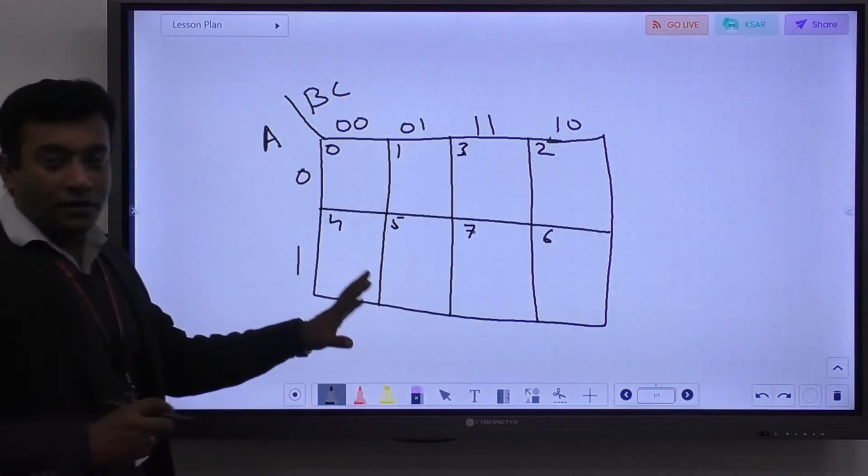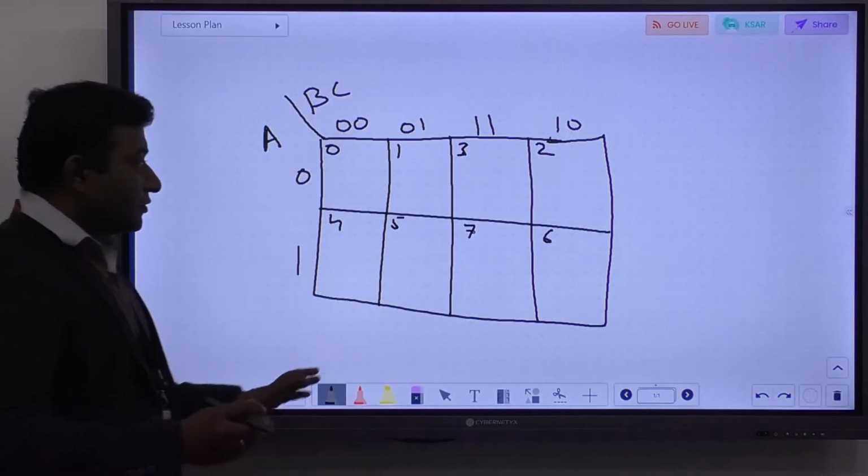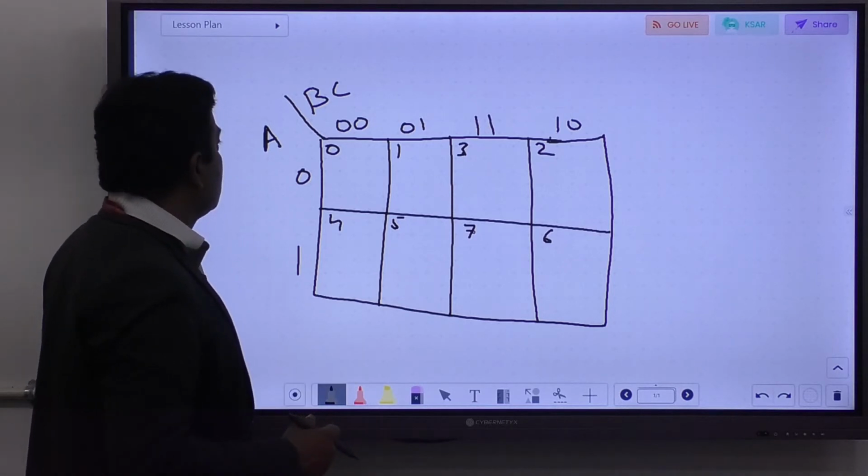Now these are the positional values which we had studied in the last class. So you can refer to that video.